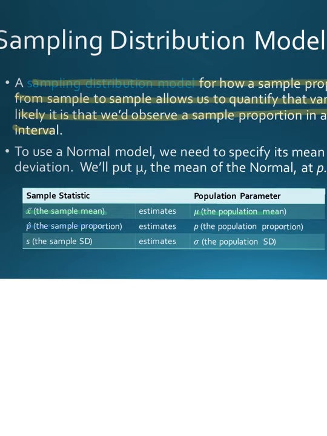So P hat is the sample proportion, and it estimates P, the population proportion. And S, the standard deviation of the sample, estimates sigma, the population standard deviation. Okay, so today we'll be talking about P hat and P. Tomorrow we'll be talking about X bar and mu.